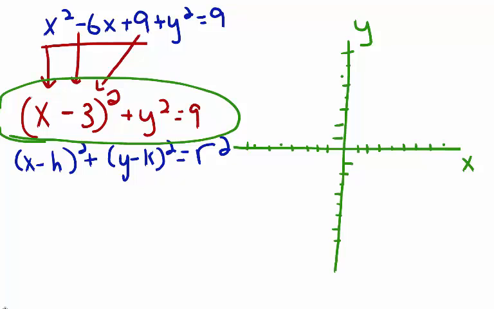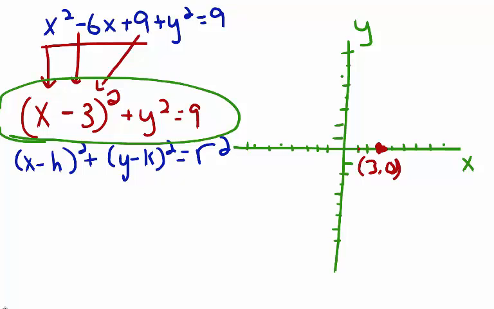So I'll start at the origin, move right 1, 2, 3. And my second coordinate is 0, because y minus k, since we have no k term, is the same as saying y minus 0, which means we'll move neither up nor down on our y-axis. So the center of our circle is 3, 0.